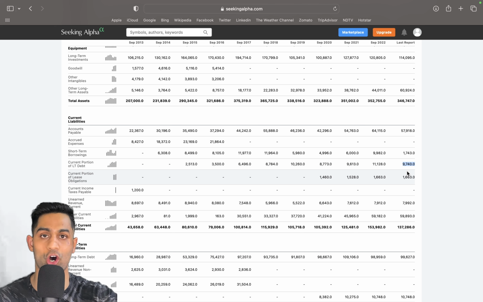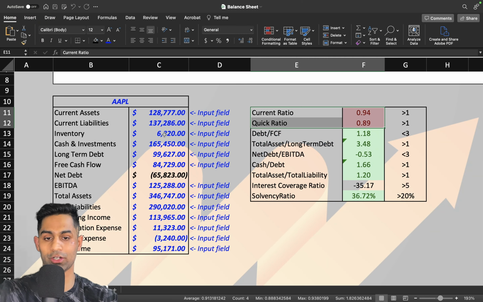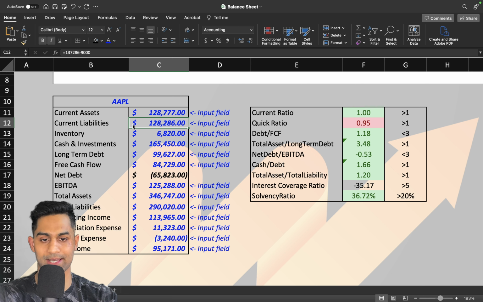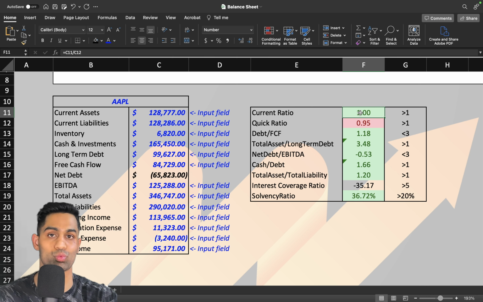So they need to pay that off. And after this year, once this one is paid off, we can literally reduce the current liabilities by about $9 billion. So what is 137 minus 9? That's going to be 128. So now we'll have current assets equivalent to current liabilities, sitting at a current ratio of about 1.